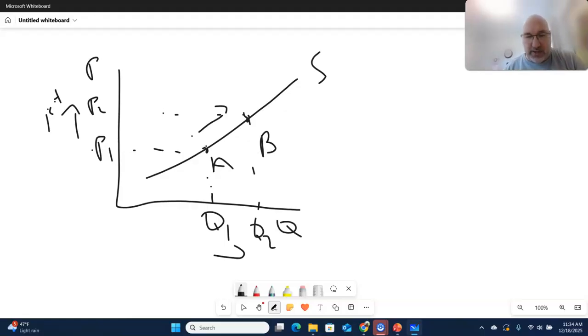So it is not that quantity supplied went up and then price went up. Price goes up, and because price rises, the firms look at it and go, "Ooh, we can make more money. I think we will sell more. We will put more out there for the customers. We'd like to make money." So, because of that, two things happen. Remember, this is a competitive market. There are no barriers to entry and exit.